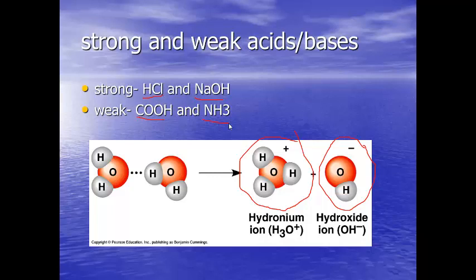It's going in both directions. You can see here that ammonia is a base, not because it's donating hydroxide, but instead because it's accepting hydrogen ions, increasing the proportion of hydroxide in the solution.